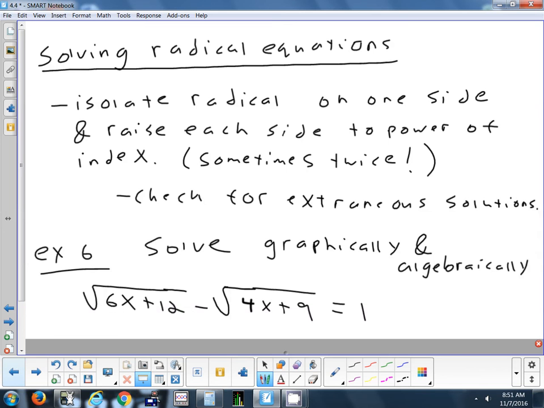Like this problem. This problem has 2 radicals in it. You're going to have to isolate one of them and then do something, and then you're going to have to do it again a second time. Now, because of the method that we're using to solve these kinds of problems, you do have to check for extraneous answers. When you're dealing with rational functions, the way you check for an extraneous answer is to make sure you never divide by 0.